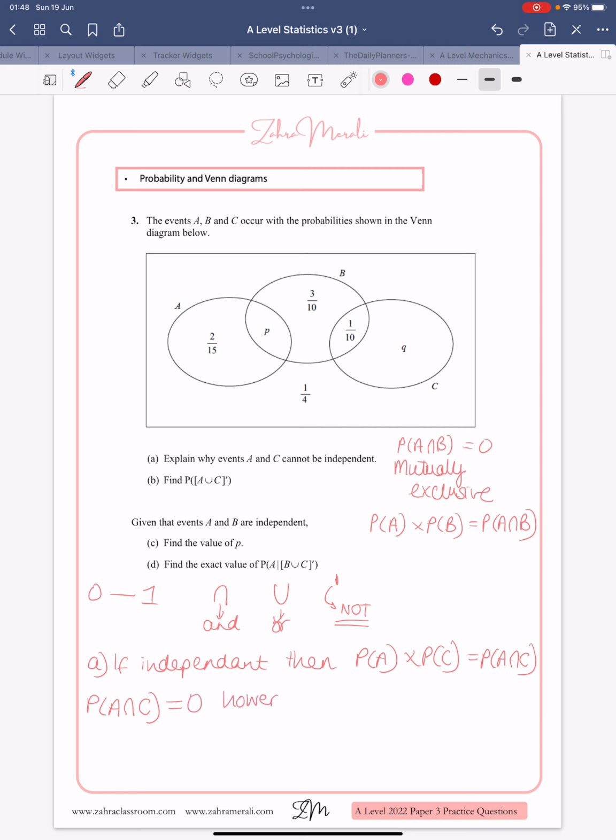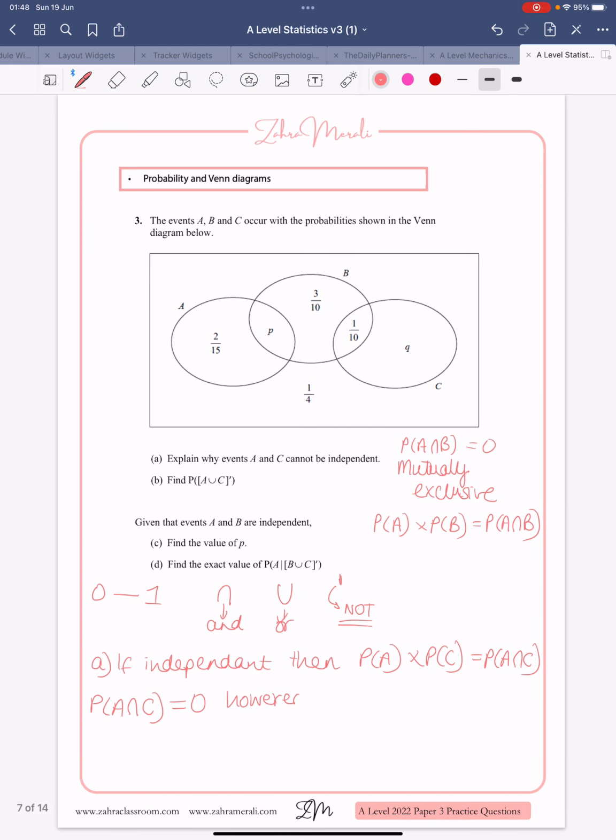However, neither the probability of A nor the probability of C equals 0, therefore they cannot be independent.